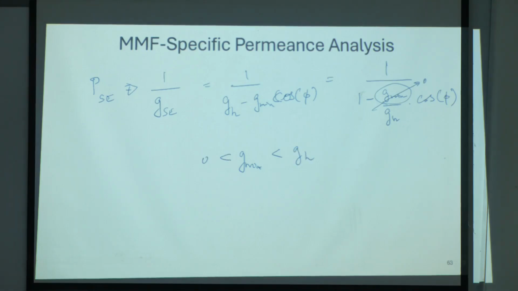So what I can conclude is this ratio G min over GH should lie between 0 and 1. I am going to call this ratio the severity of static eccentricity. You can express it in percentage.